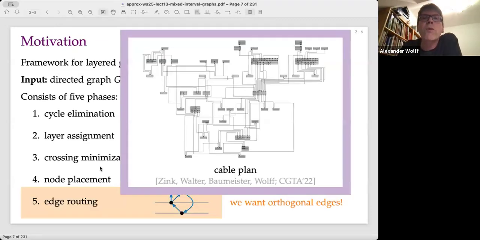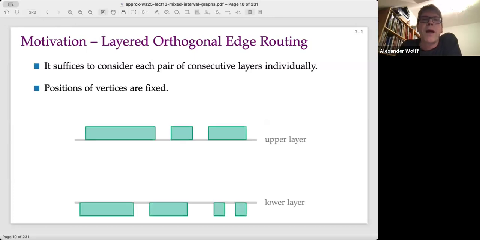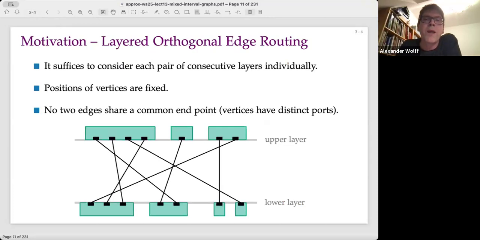Maybe I go back to the drawing once more. So you see that the dark gray rectangles come in layers, and this is part of how this framework works. And now we just look at 2 consecutive layers, a lower layer and an upper layer, and we have some of these rectangles, which you can think of as electronic parts that are connected to each other with cables or wires.